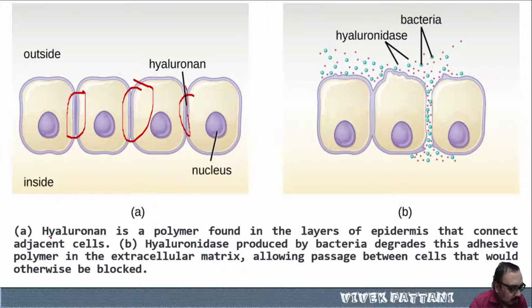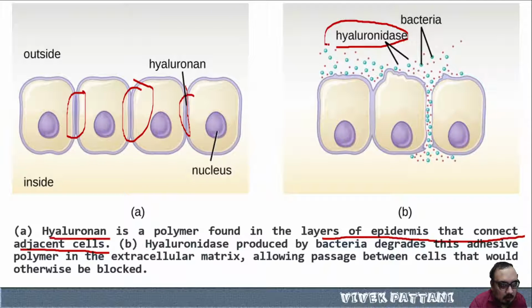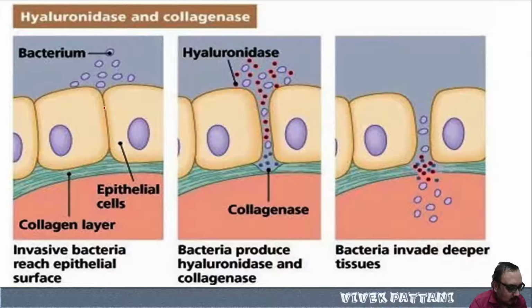Hyaluronic acid, or hyaluronan, is basically a polymer which is found in layers of the epidermis that connects the adjacent cells. And the enzyme hyaluronidase basically breaks this layer, which connects two cells.